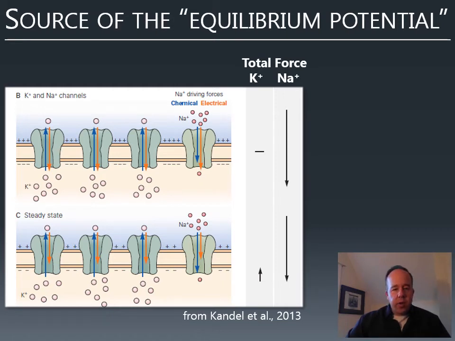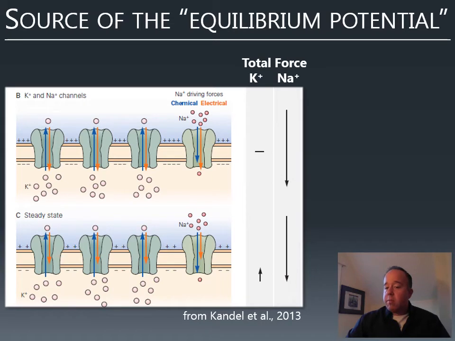Well, now the situation starts to change for potassium. There's still a lot of potassium inside, but now it's not quite so negative inside the cell because of all the sodium that's come in. Remember, sodium carries a positive charge. And so when sodium rushes into the cell, the membrane potential gets more positive. There's more positive charge inside.